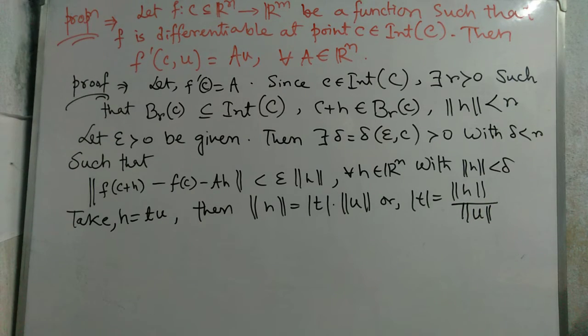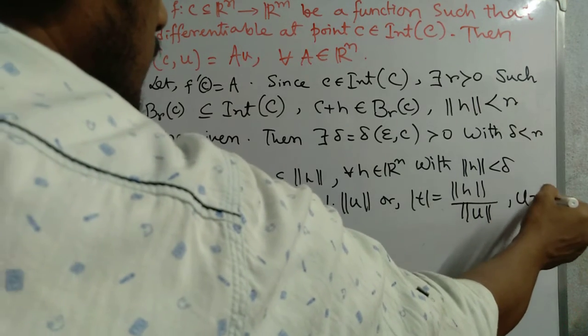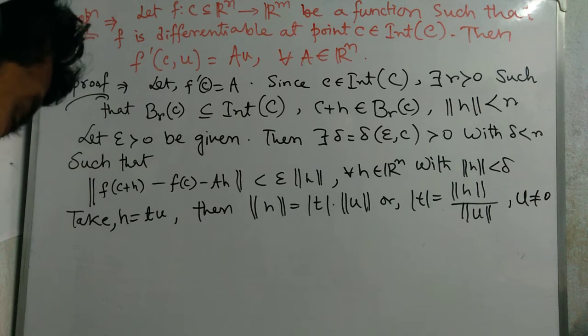Then norm of h equals t times norm of u, where u is not equal to 0.